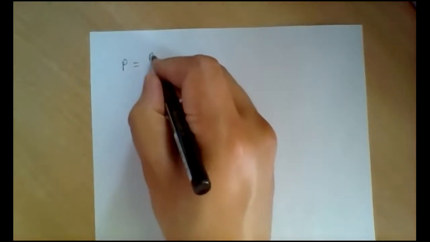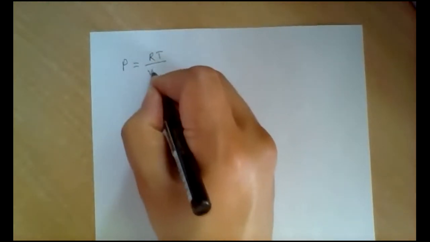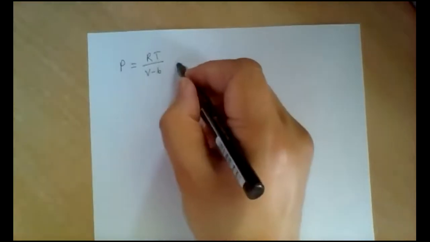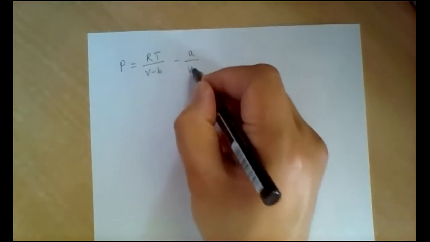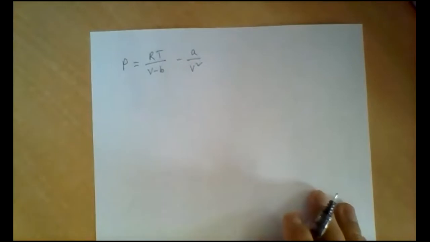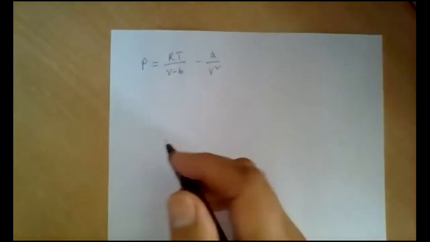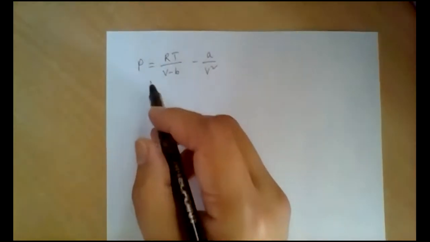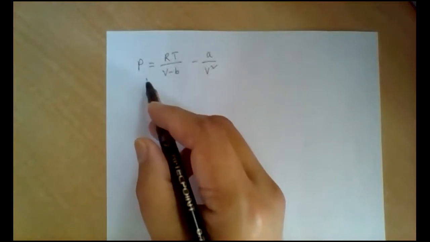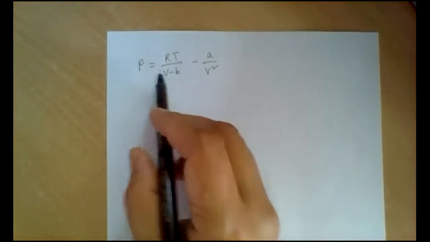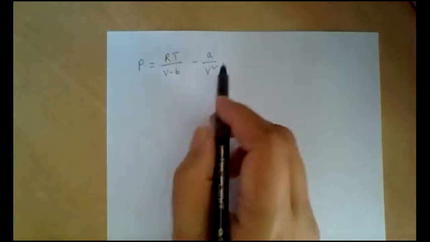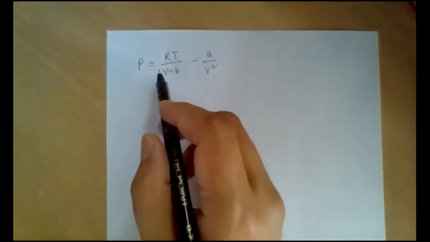The van der Waals equation is P equal to RT by V minus B minus A by V square. This is the expression for pressure for a van der Waals gas. This is also called the equation of state.